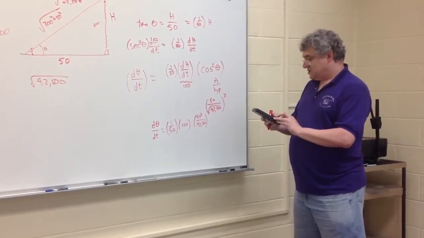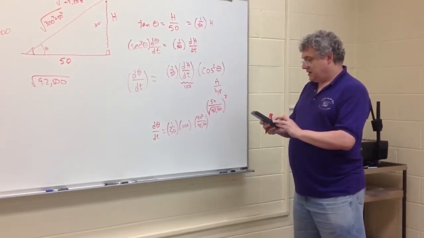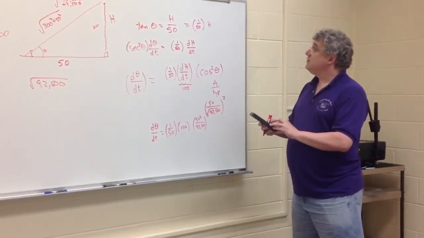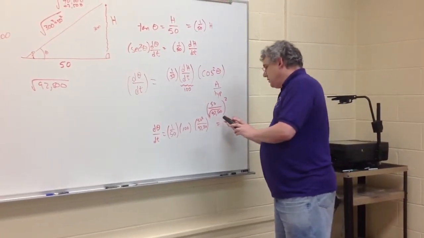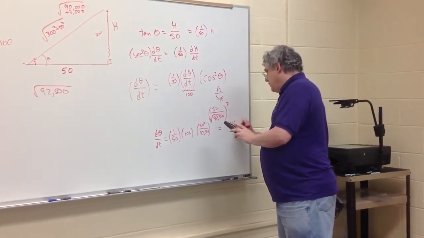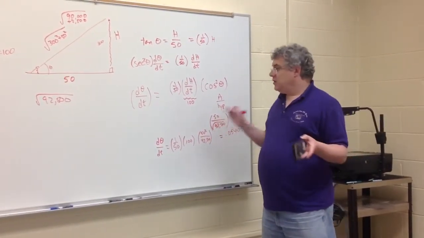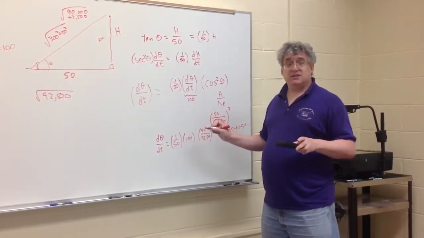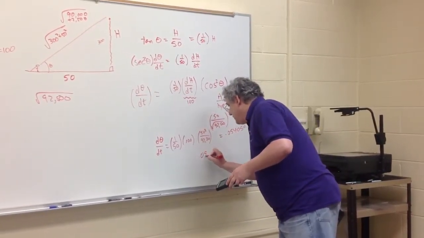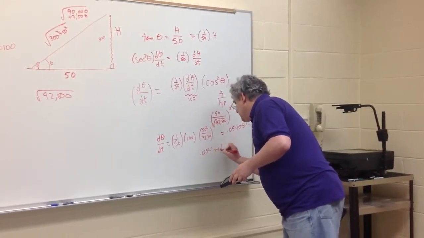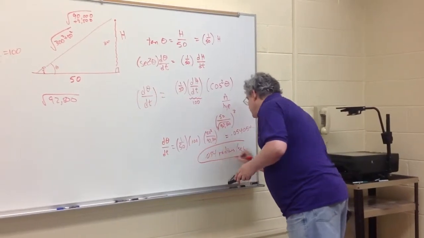So 50 squared times 2 divided by 92,500 is 0.054054... What does that mean? Well, the units in calculus for trigonometry are radians. So it's 0.054 radians per second. That's how fast it's changing.